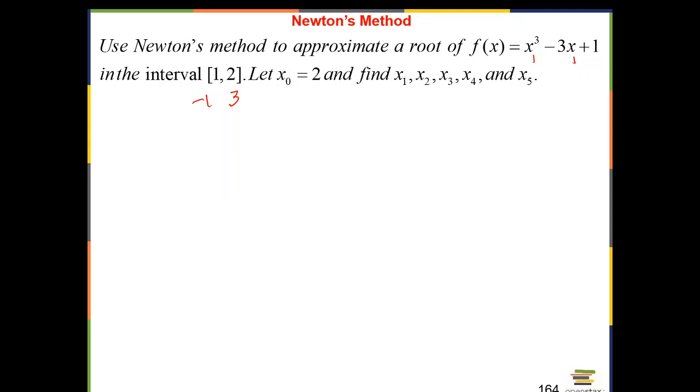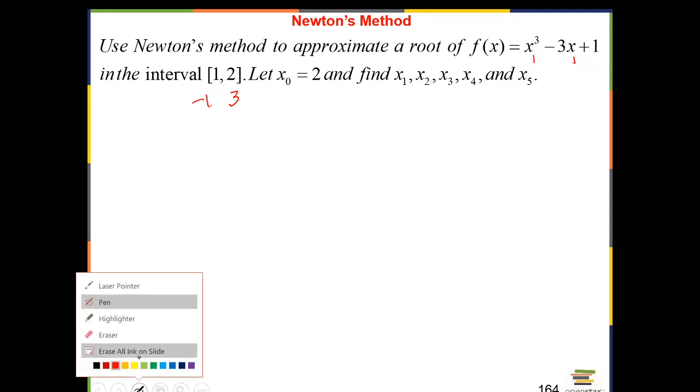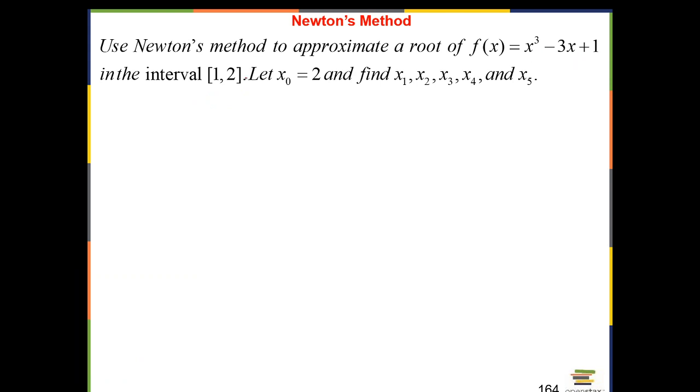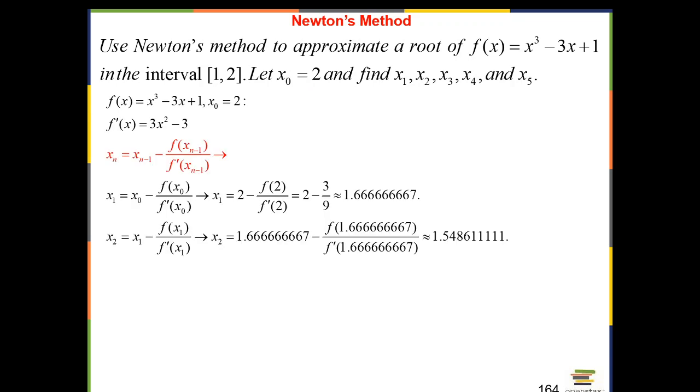All right, so since we know it has a root between 1 and 2, we're going to start with a point that we are given, which is 2. So we start with 2. We find f prime, f we have. So we start with x sub 0 equal to 2, right?